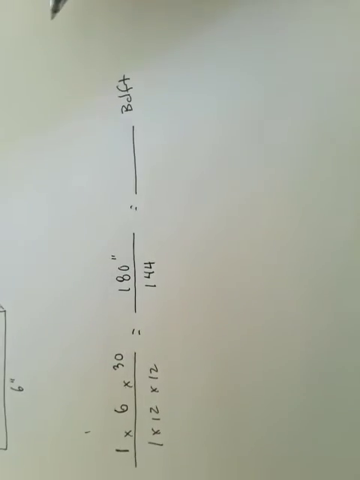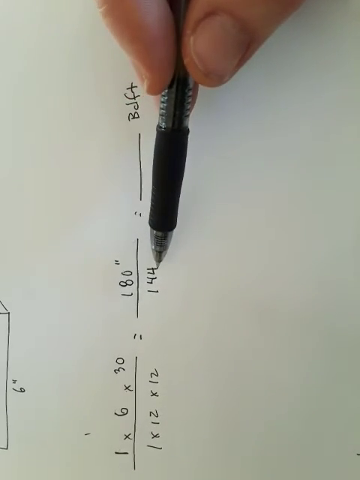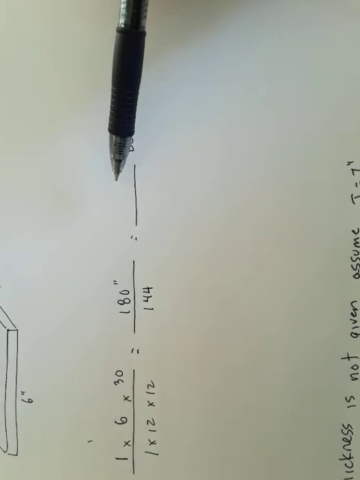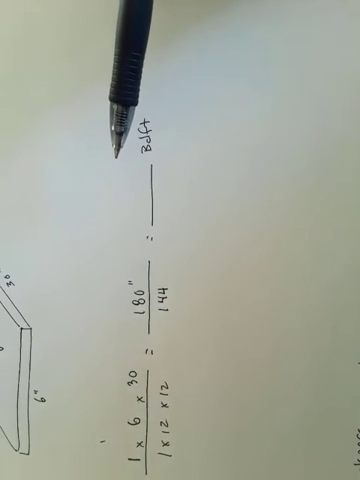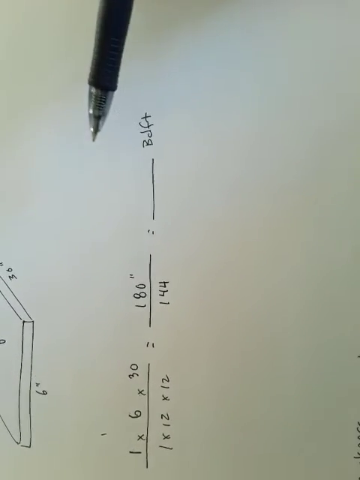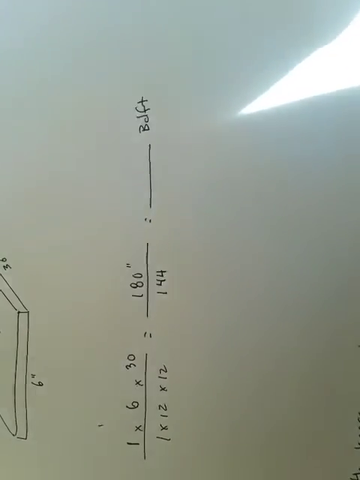144. Now when I do that fractional math, since my numerator is larger than my denominator, we can assume that our value is going to be greater than 1. I just use my math filter, some logic reasoning, to understand what kind of result I'm going to get. I will need to use a calculator for that.